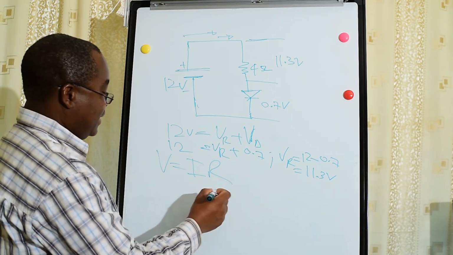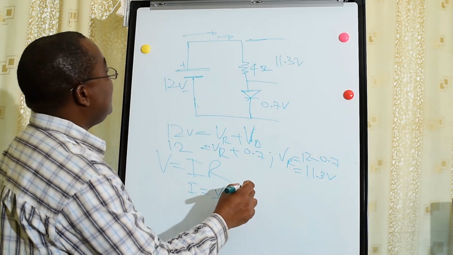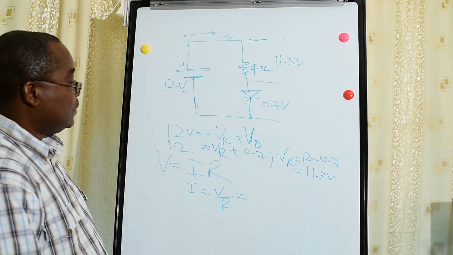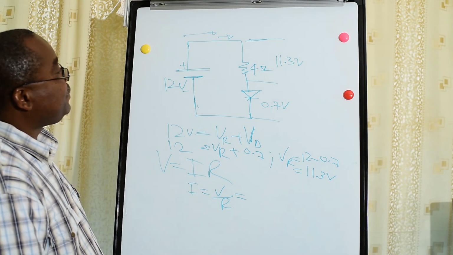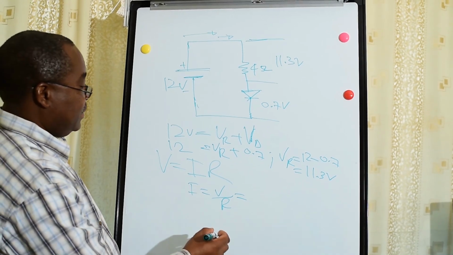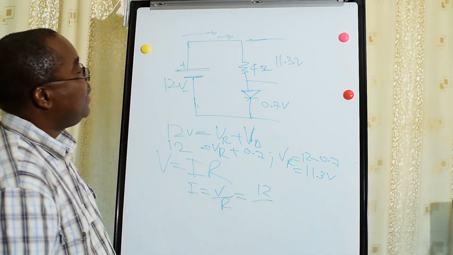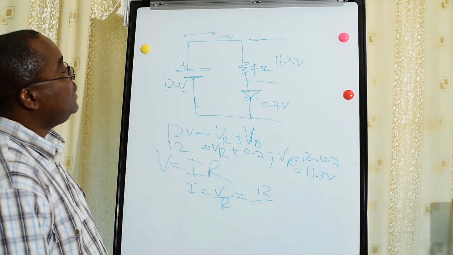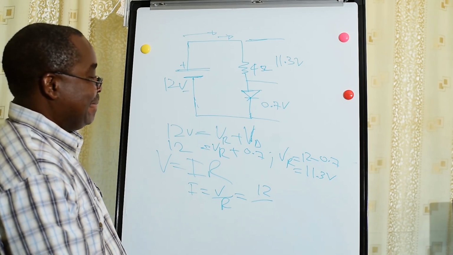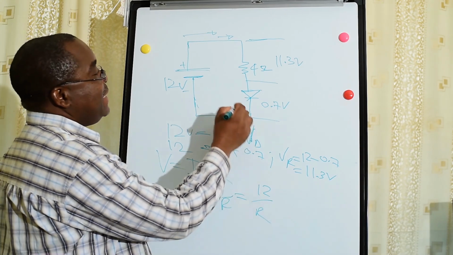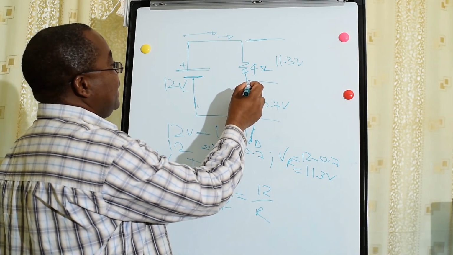So the current here is equal to voltage of R, which is voltage is 12, and we have to have a total resistance. So we have to find the resistance here in a diode.